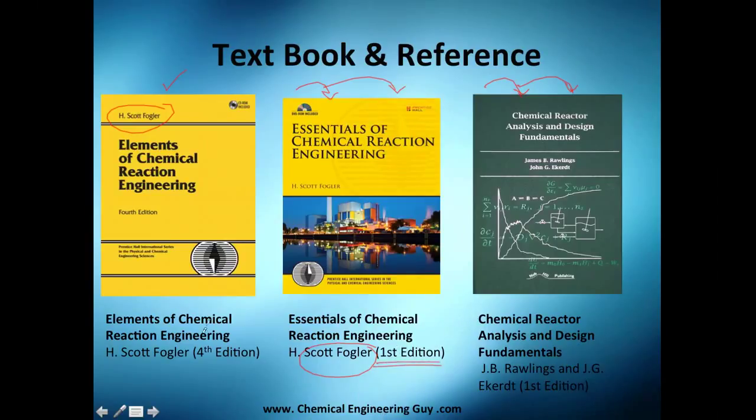I think compared to this one, this is newer. Then Chemical Reactor Analysis and Design by Rawlings and Ekerdt. I just paged through this book. It looks cool. I will still recommend this one, but if you have this or you need to use this, well, okay, it's not that bad a book. It's okay. Essentially, be sure to understand that the course is based on this book here.